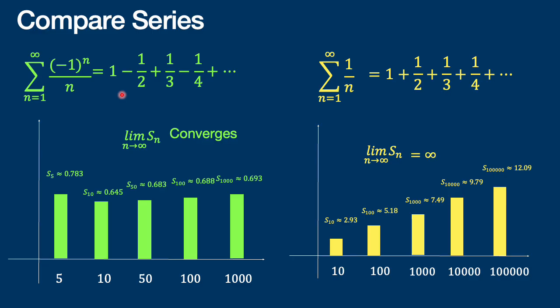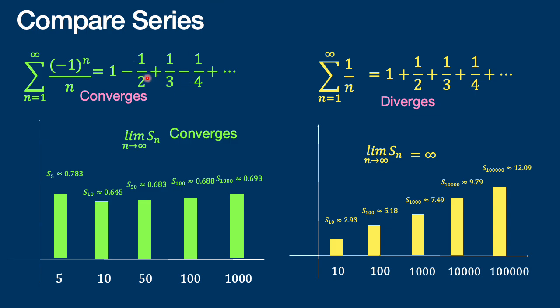diverges. So the alternating series here converges. For the harmonic series, if you drop all the negatives, it diverges. Why? Because of the negative sign here, 1 minus 1/2, that means your sum is decreasing little by little.